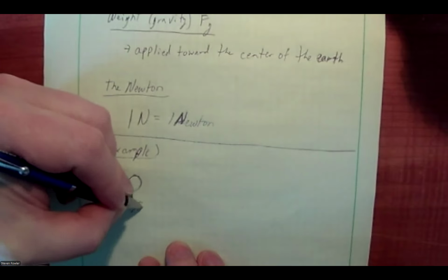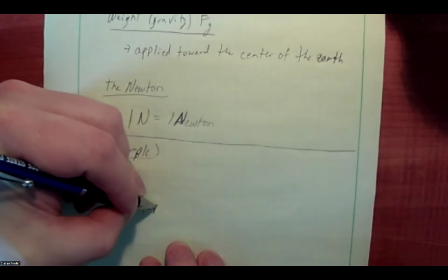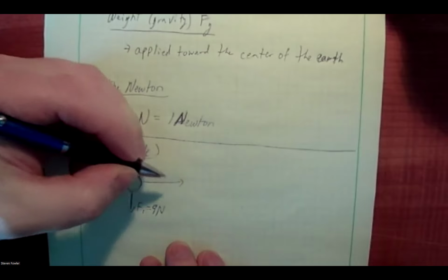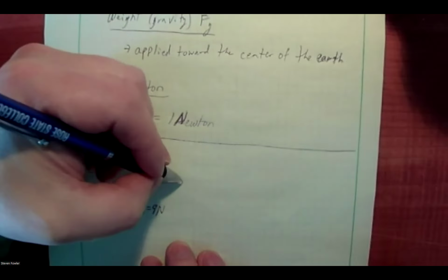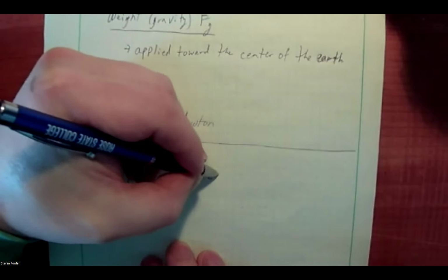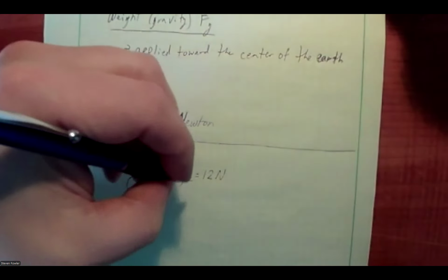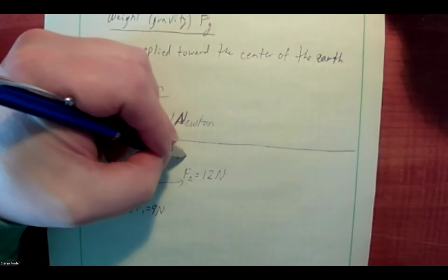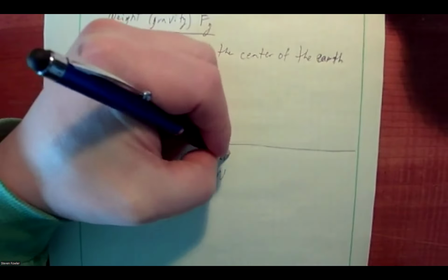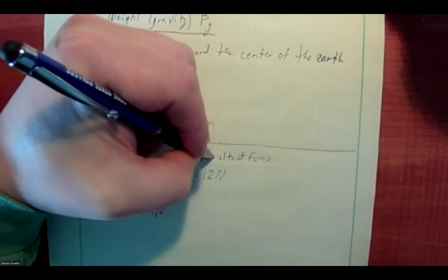And let's say that force 1 is equal to, we'll say, 9 newtons. And let's say I've got force 2 here acting. So force 1 we'll say is acting in the negative y direction. We'll say force 2 is acting in the positive x direction. We'll call it 12 newtons. And so 9 newtons down, 12 newtons over. And we want to find the resultant force.